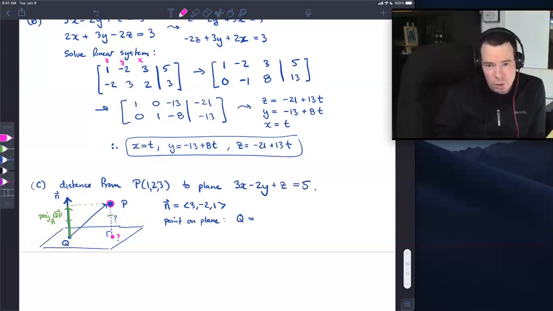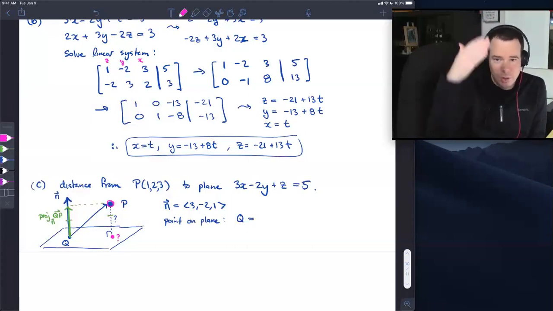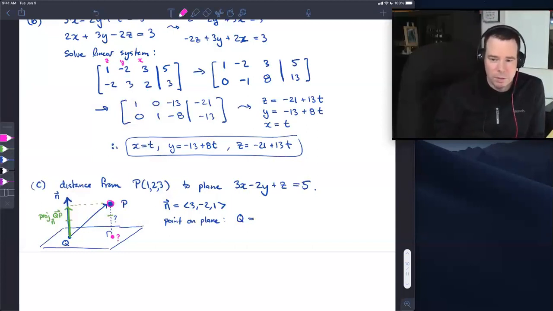What I could do, and I'll just give you a synopsis of how you could find that point: you could say, well, I know the point P. I know the normal 3, -2, 1. So that would allow me to construct a parametric equation for the line that passes through the point P and goes in the normal direction to the plane.